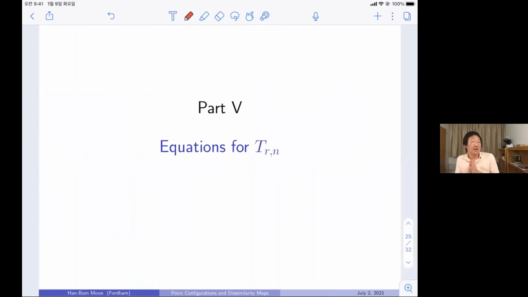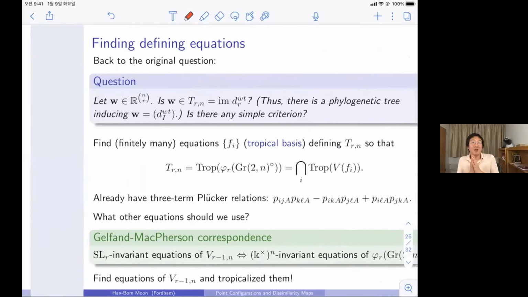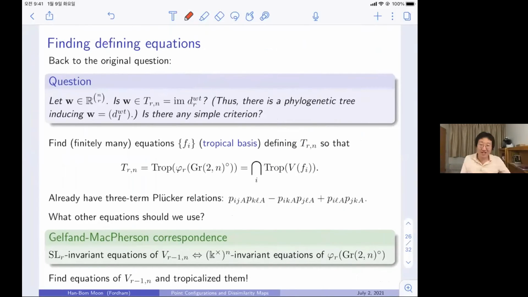All right, so this is the last part. We are working on algebraic geometry, so all of us know that defining equations are in some sense important and interesting. So let's go back to the original question.